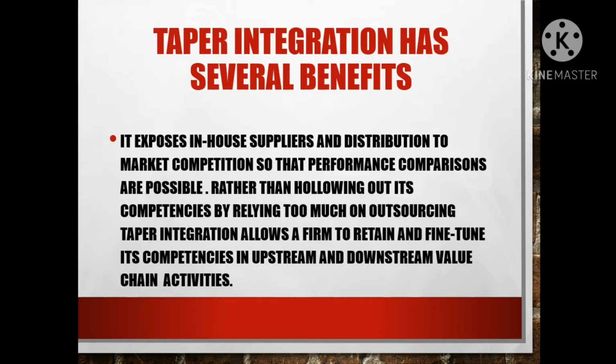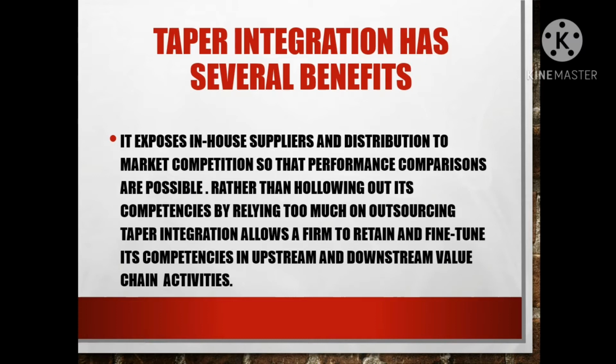Taper integration has several benefits. It exposes in-house suppliers and distribution to market competition so that performance comparisons are possible, rather than hollowing out its competency by relying too much on outsourcing.